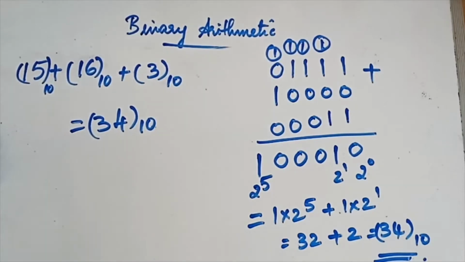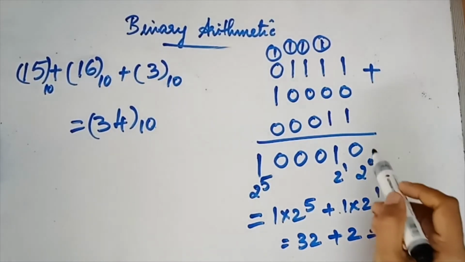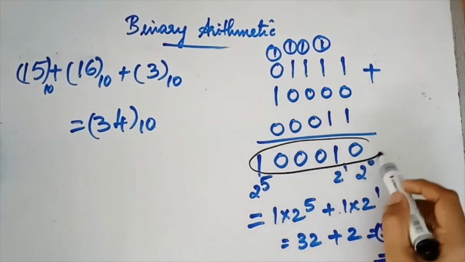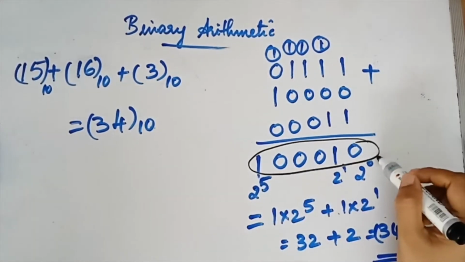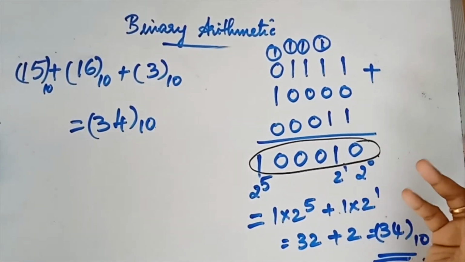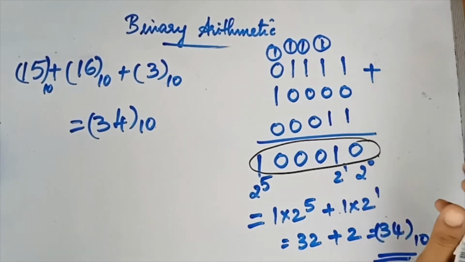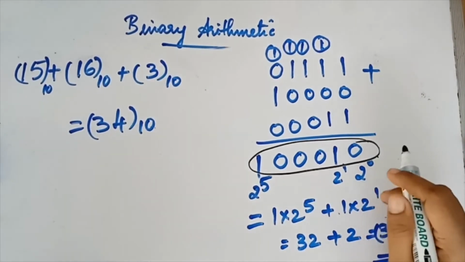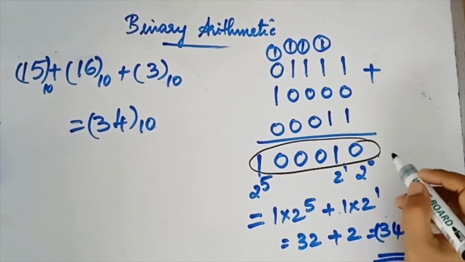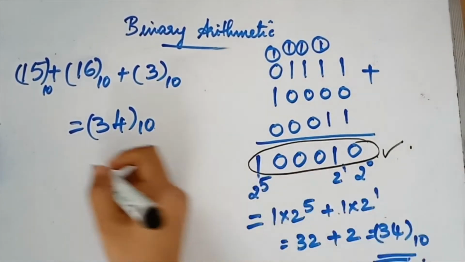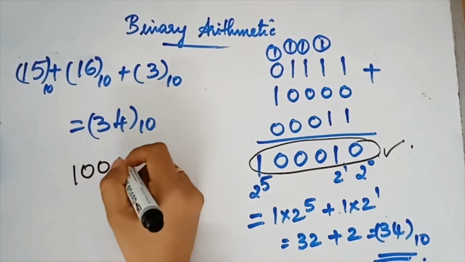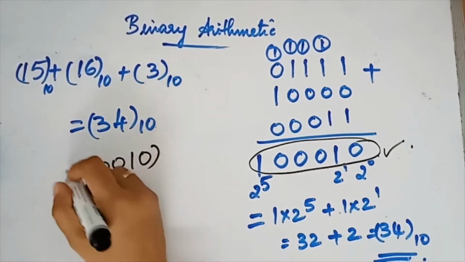So you have proved that the answer is correct. This much is the answer. You need to do only till here, but it's always good to cross check and see whether the answer is correct, because you can make mistakes. So your answer will be 100010 to the base 2.